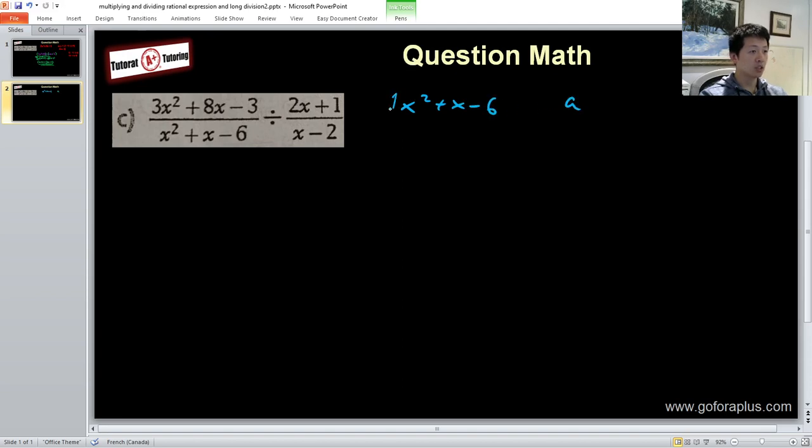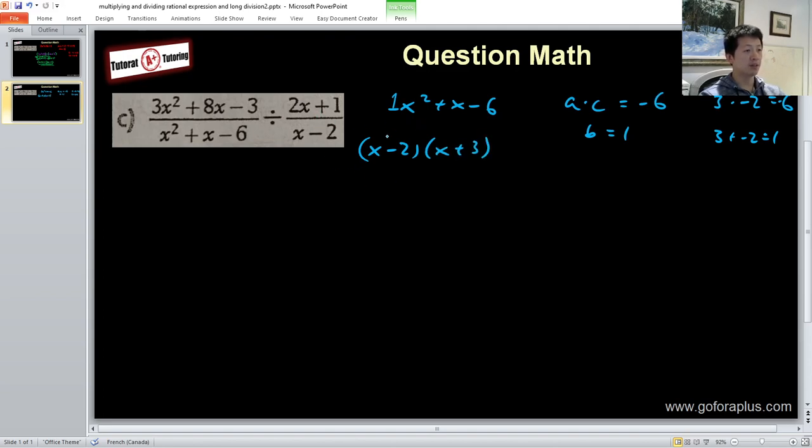Again, the coefficient here is 1, so the answer that I found with product and sum will be directly the answer. b equals 1. So I'll have, let's say, 3 times minus 2 equals minus 6, and 3 plus minus 2 equals 1. So my answer is going to be x minus 2 and x plus 3. And the other part, I don't have anything to factorize.